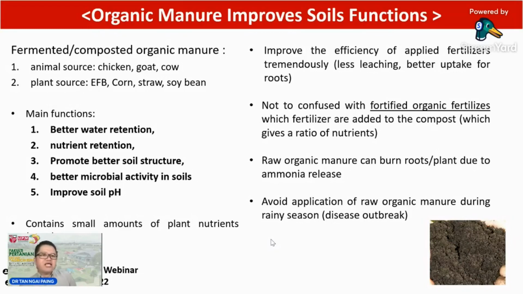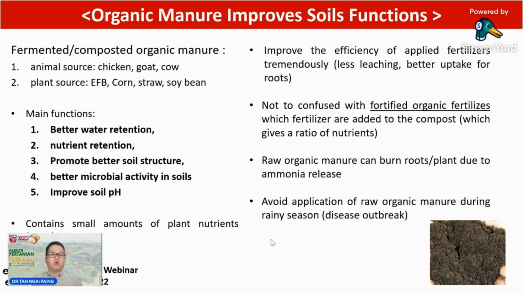So one of the things that we like to put is organic manure, or most of the time you call it organic fertilizer. But organic fertilizer sometimes is a bit confusing. So sometimes I don't like to use the term organic fertilizer. I like to use organic manure because it actually represents what we are trying to say in this particular context.